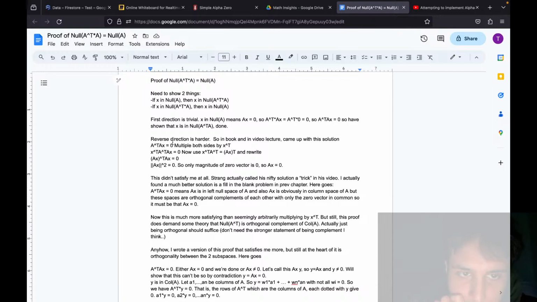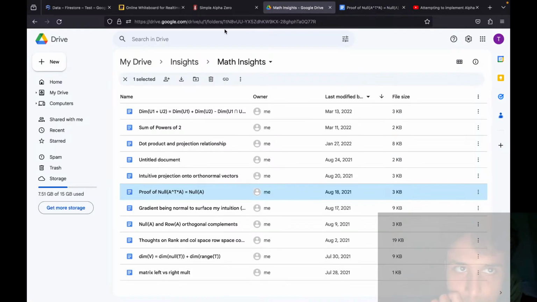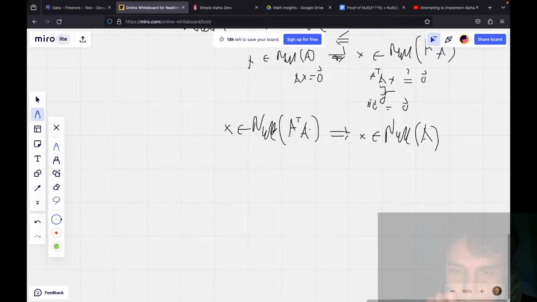I'm first presenting his method. So x is in the null space of A^T A. That means A^T A x equals 0.